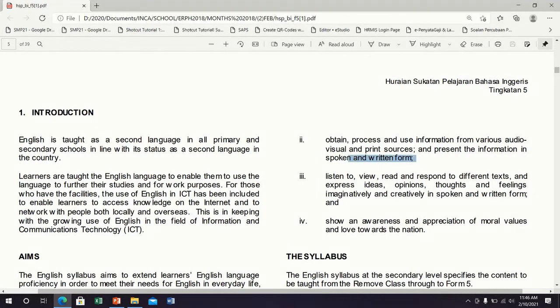That gives you the idea that different sections of the examination paper have various types of text that the student should read and answer the questions.